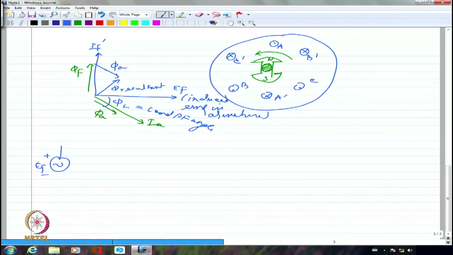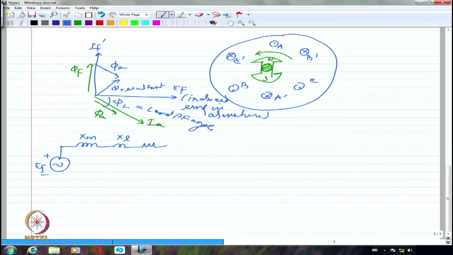This is EF, which is the open circuit induced EMF in the stator side per phase. I have Xm, which was responsible for the armature EMF, which is perceived as a reactance drop. Now I have the leakage.